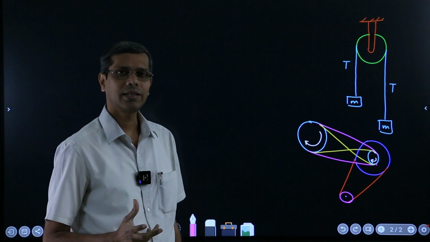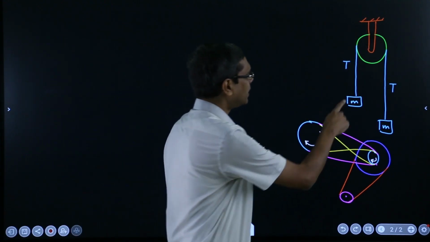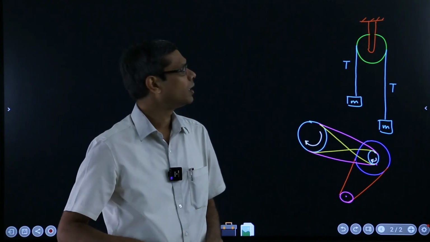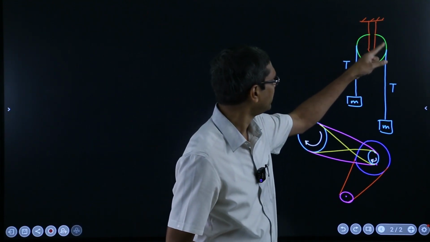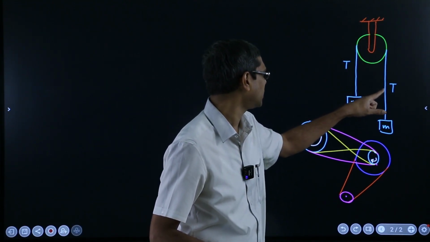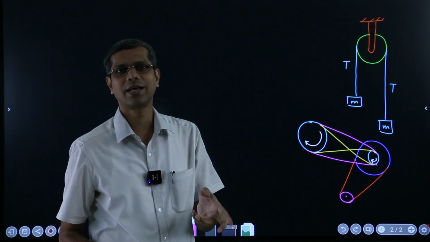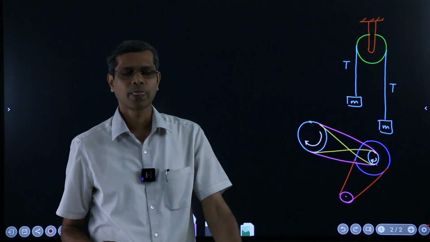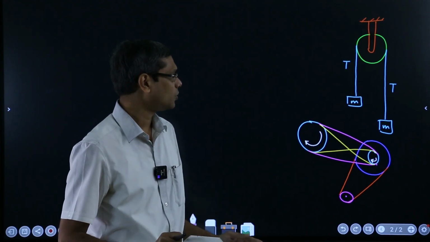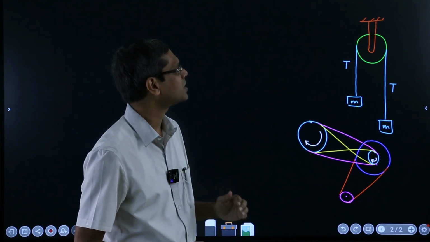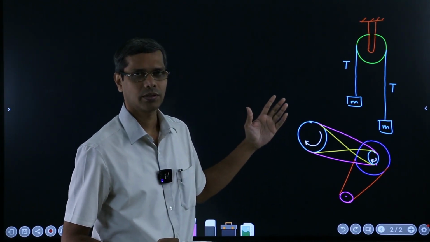Under that case, again the tensions will be exactly the same, because though they will be in contact here, the tensions again will be the same and the whole thing will behave as if it is without friction. So when we say with friction, that means friction must be present at both places.